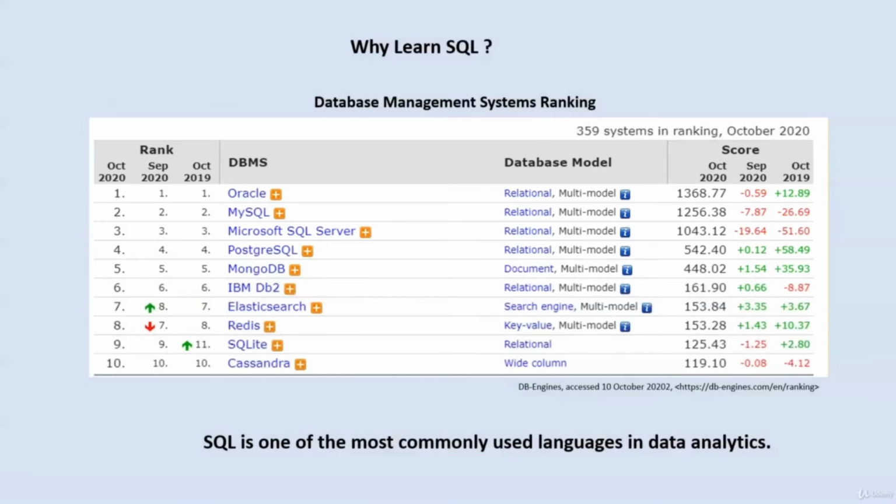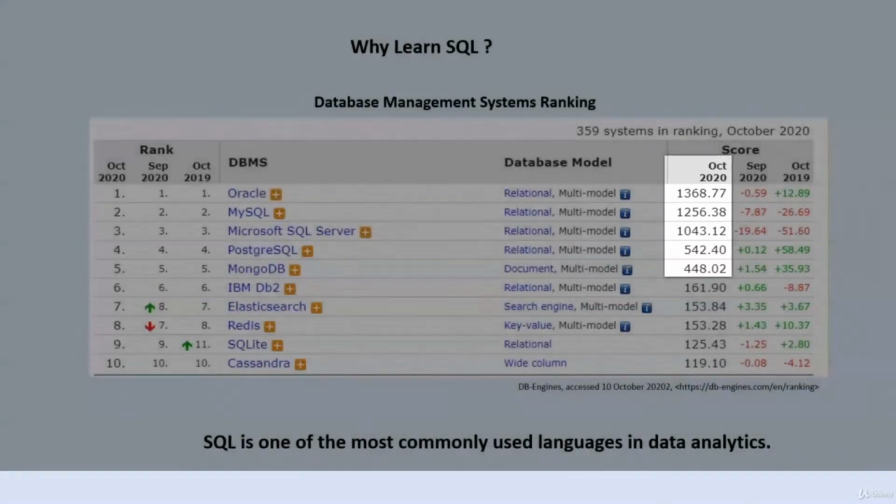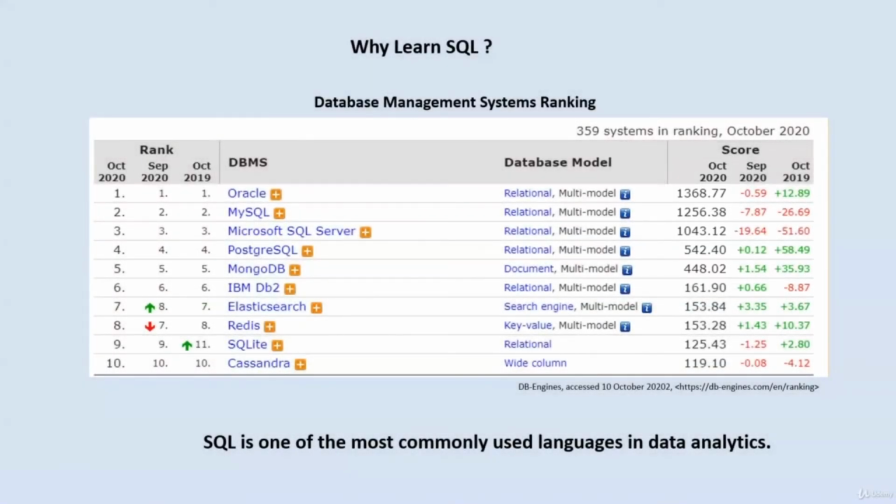MongoDB makes it into the top 5, but even if we look at the number, we can see that it is still relatively low compared to the top 3 most used database management systems, which are Oracle, MySQL, and Microsoft SQL Server. So we do know that SQL is one of the most commonly used languages for data analysis.